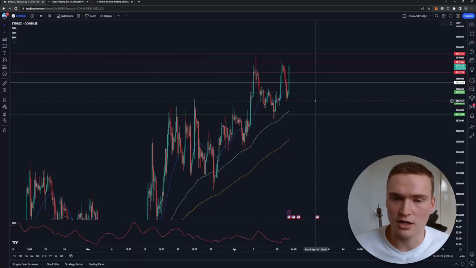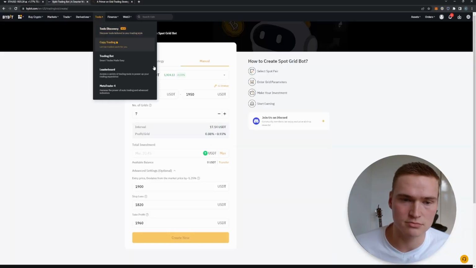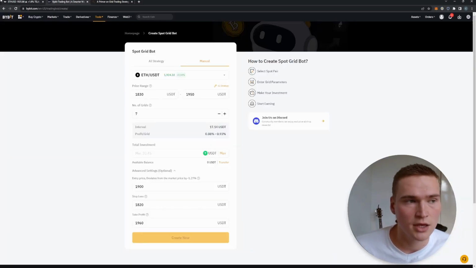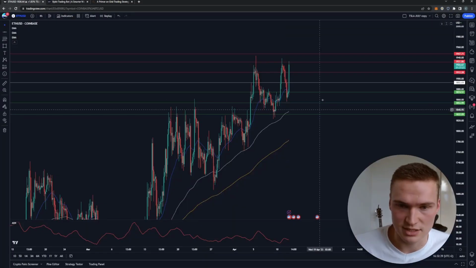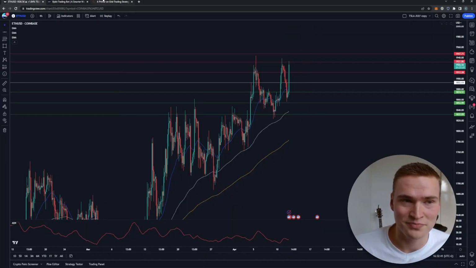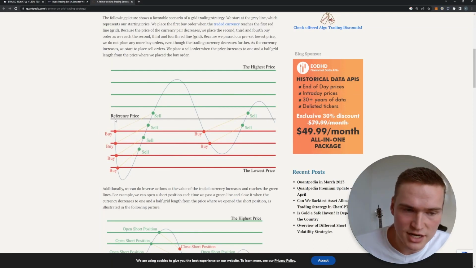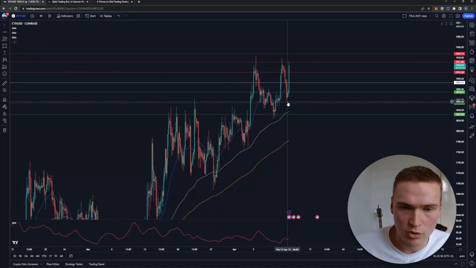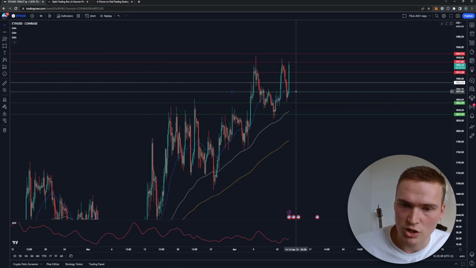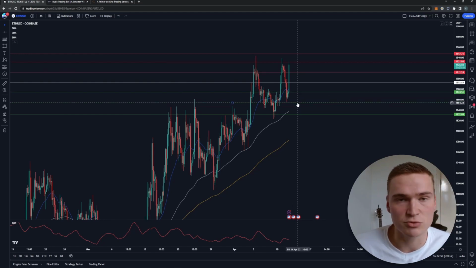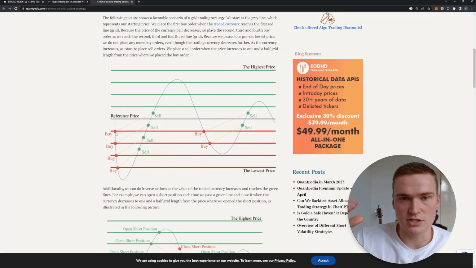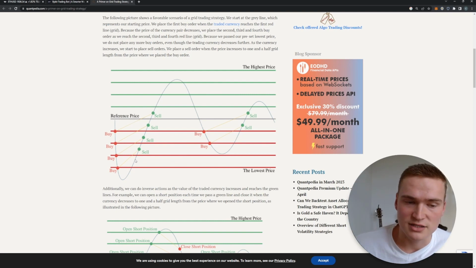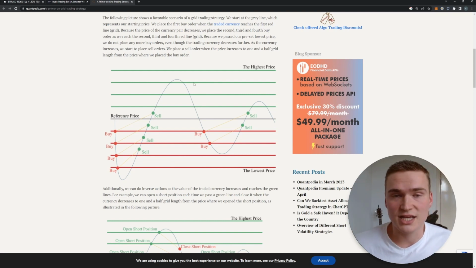Basically, if you set up a grid like this, it would become active if the price reaches, let's say, 1910, because that's a bit closer to us right now. It starts here, and once the price starts dropping towards 1875, which would be the first grid buy level, then 1850, it will start buying at those levels. And once the price starts going up, it will start selling at levels.